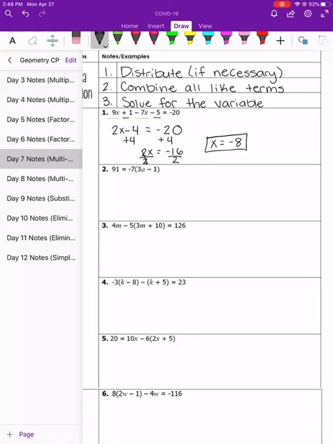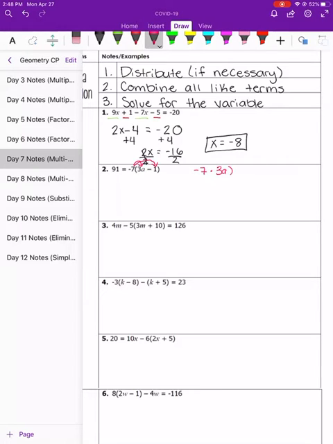For problem 2, it says that 91 equals negative 7 times, in parentheses, 3a minus 1. So I see that I need to distribute because I have a negative 7 on the outside of these parentheses. So I'm going to go ahead and distribute that. So negative 7 goes to the 3a, and it goes to the negative 1.